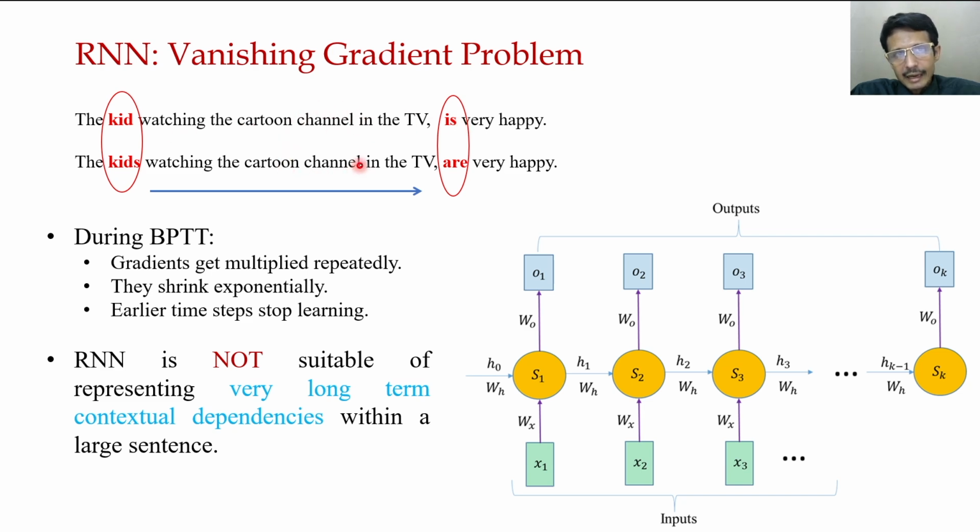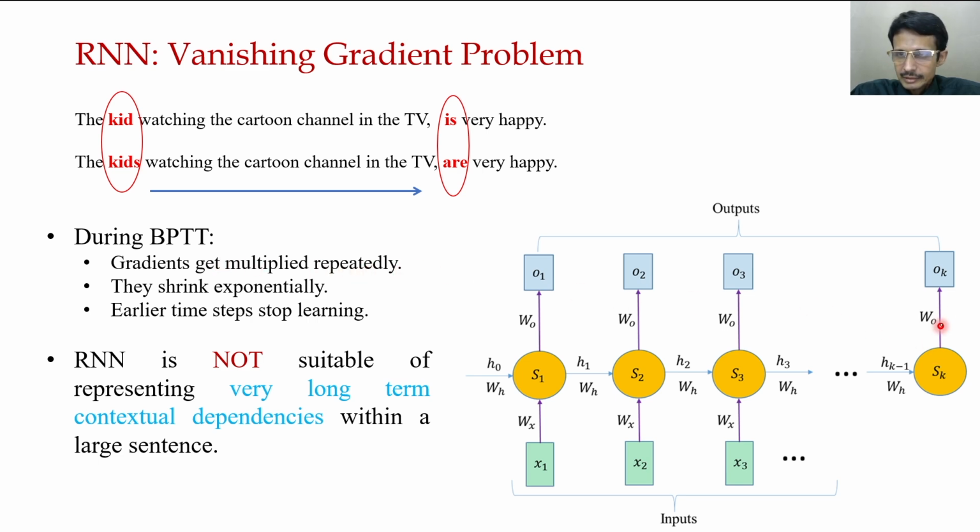Now, in this kind of example, an RNN may not be a very good performer due to this vanishing gradient. What we have seen in our previous discussion is that during backpropagation through time, the gradient gets multiplied repeatedly.